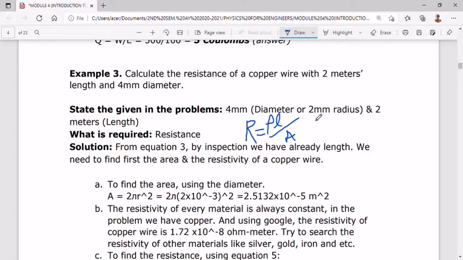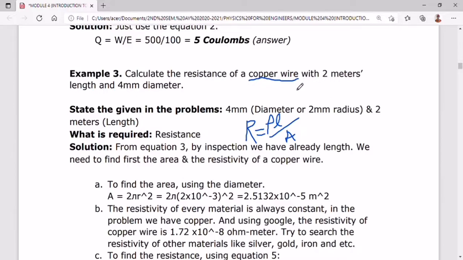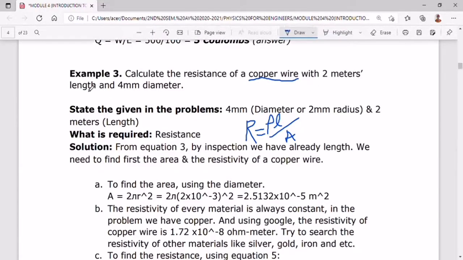By inspection, it is stated here that we have a copper wire, and we can already have the value for our resistivity. The length is also given, 2 meters. Area is not yet given, but we can easily solve this using the formula.